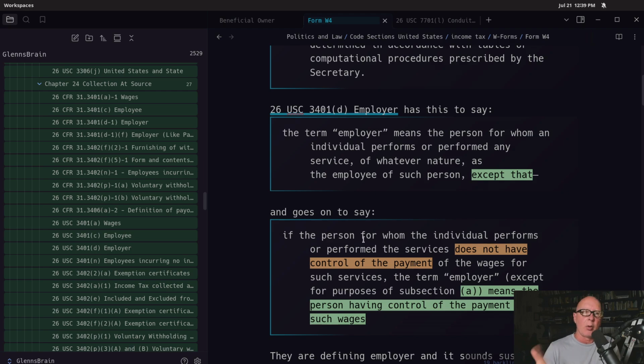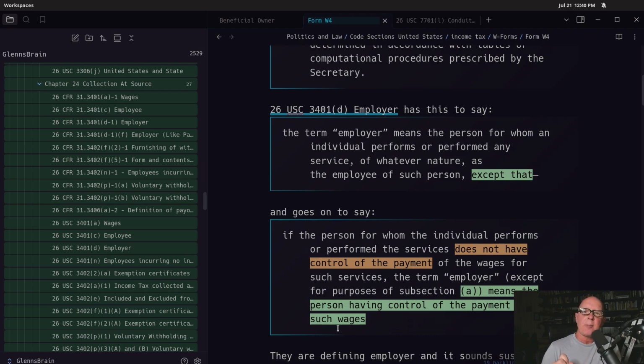But before we go on, look at what it says. It says, except that if the person for whom the individual performs or performed the service does not have control of the payment of the wages for such services, the term employer means the person having control of the wages.